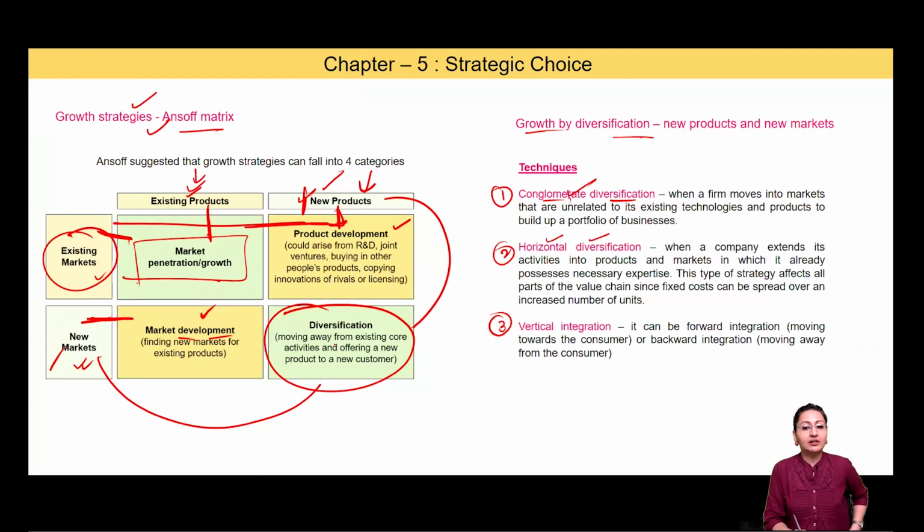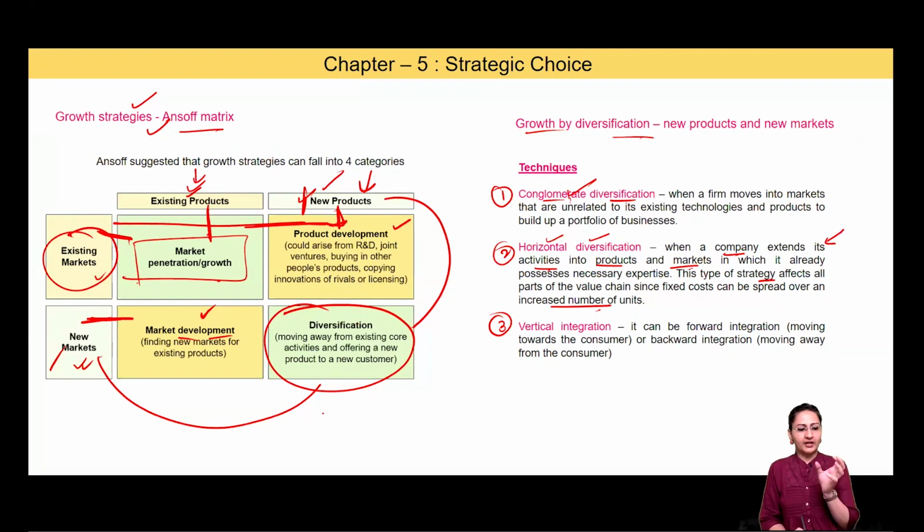Then horizontal diversification, or we also term it as horizontal integration. Here the company will extend its activities on the same level. Same level means you will enter into products or markets where you already have expertise. This strategy is spread over increasing the number of units. Let me give you an example of horizontal diversification.